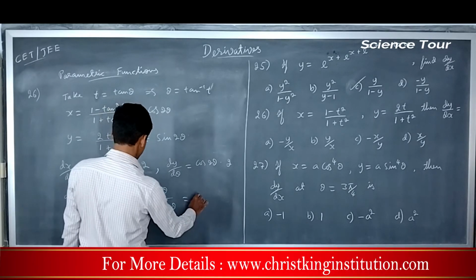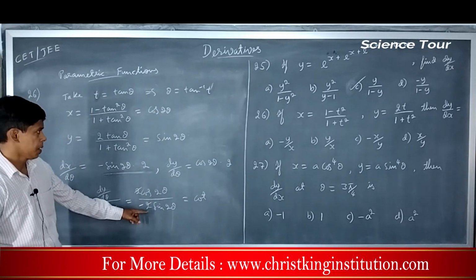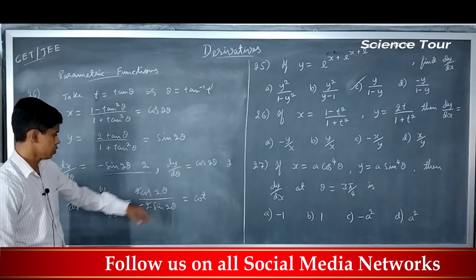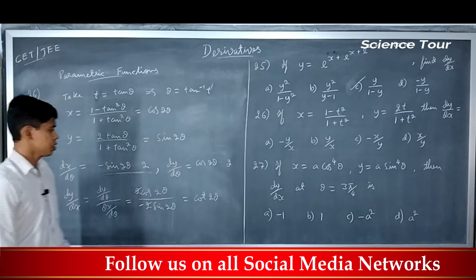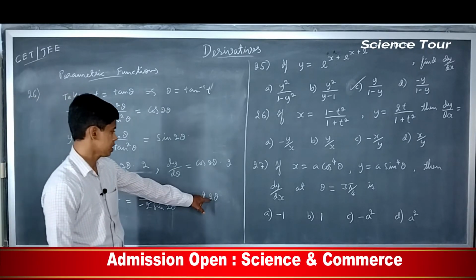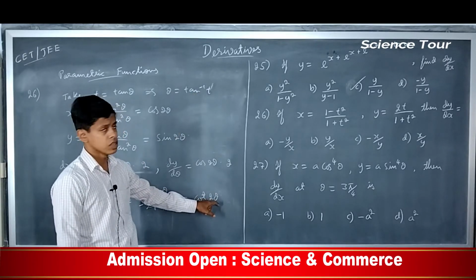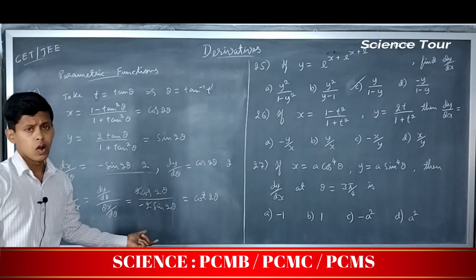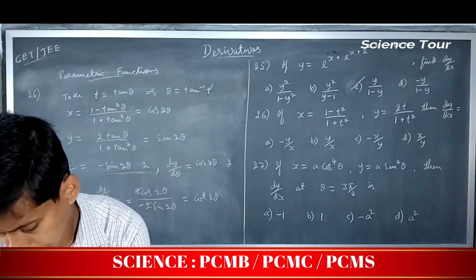So this is minus cot, and you have got 2 theta. Now you can substitute cot 2 theta, correct. So in place of 2 theta, that will be 2 tan inverse t, then you have to simplify that, or you can try for another method.